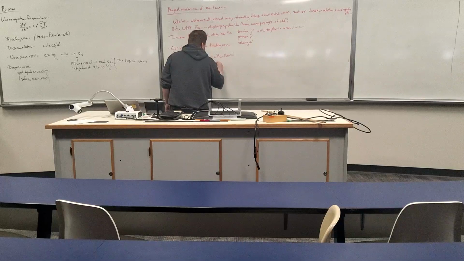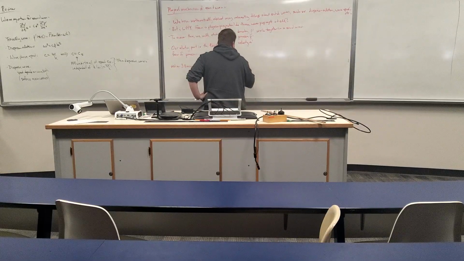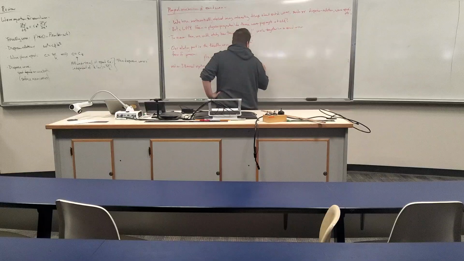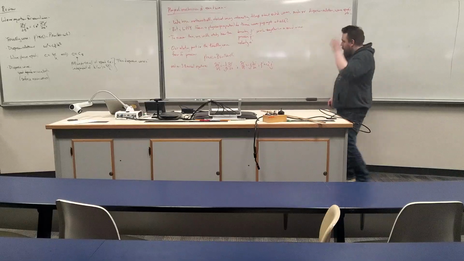We had du prime dt equals minus 1 over rho naught dp prime dx. We had d rho prime dt equals minus rho naught du prime dx, and we had p prime equals cs squared rho prime.